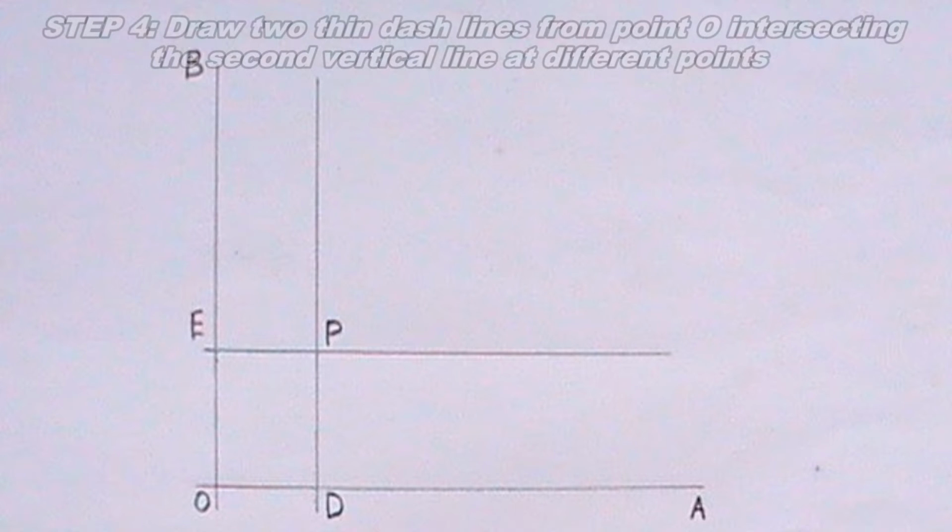The next thing is to draw two thin dash lines, with each line intersecting the second vertical line at different points. This step can be done this way.